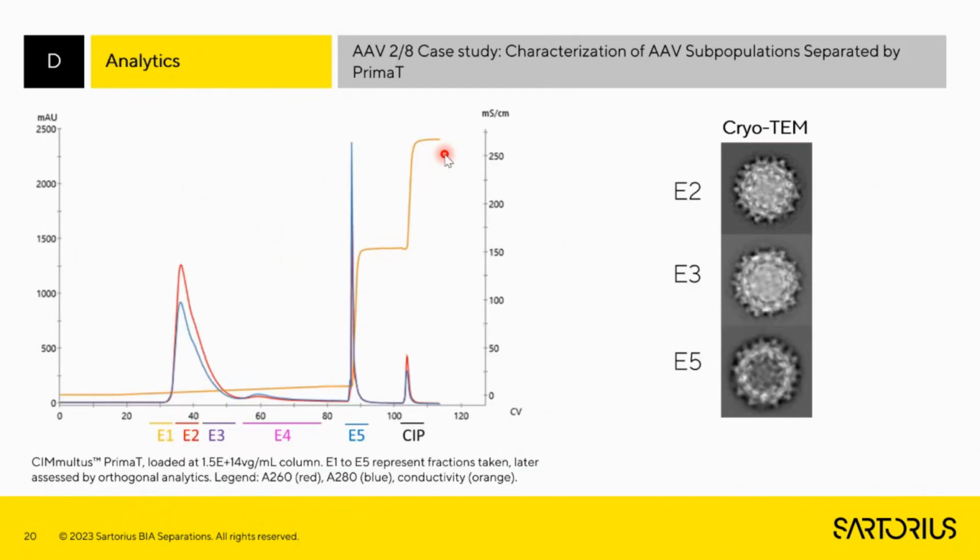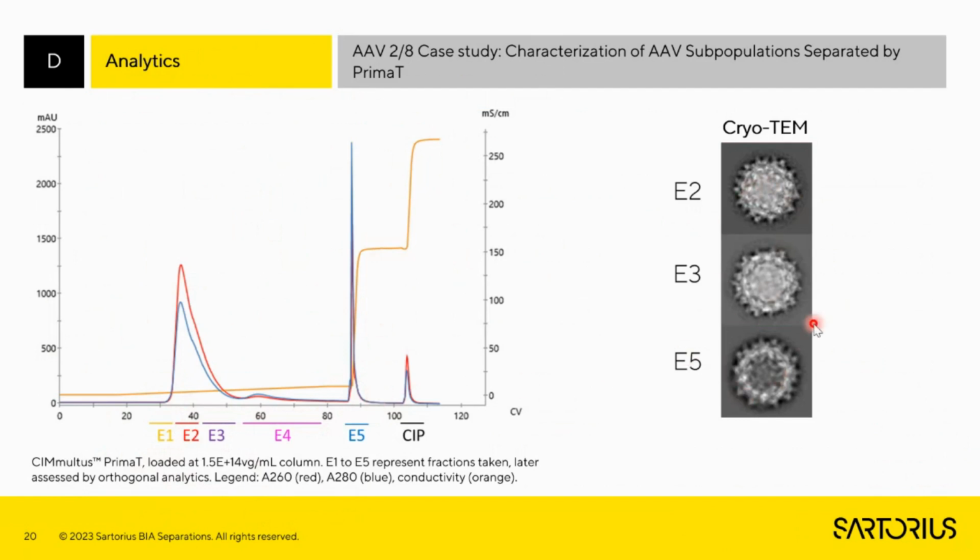For the polishing step, we will go now into the analytics part, but we will still stay on Prima T. There is a case study that was done on AAV8, and we wanted to screen those different subpopulations obtained by the Prima T. So we collected the fractions that I showed before, E1, E2, E3, E4, E5, and we've done a couple of analytics.